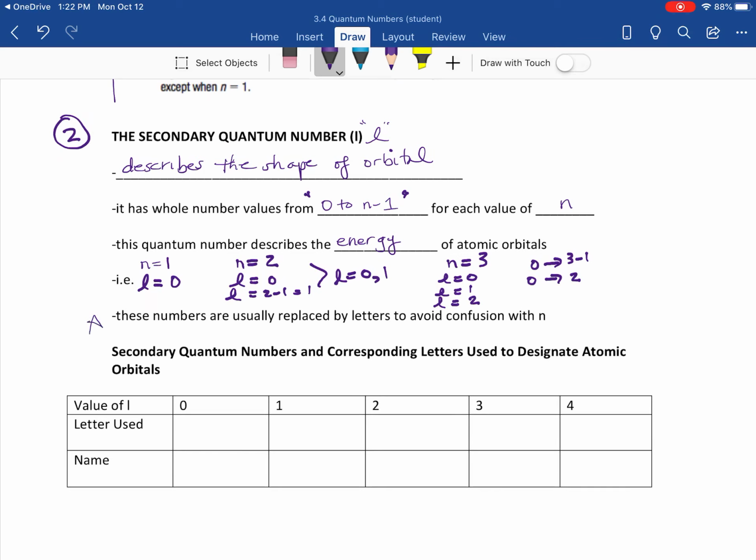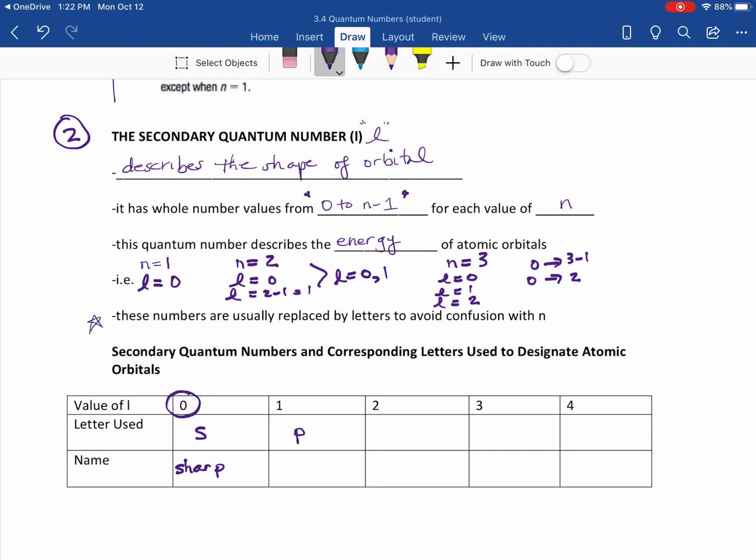So these numbers are usually replaced by letters to avoid confusion with energy levels. So it kind of makes sense. If I'm talking about L of a value of 0, the letter used is S, and S stands for sharp. You would think it would stand for spherical, but alas, that would make too much sense, people. It's sharp.